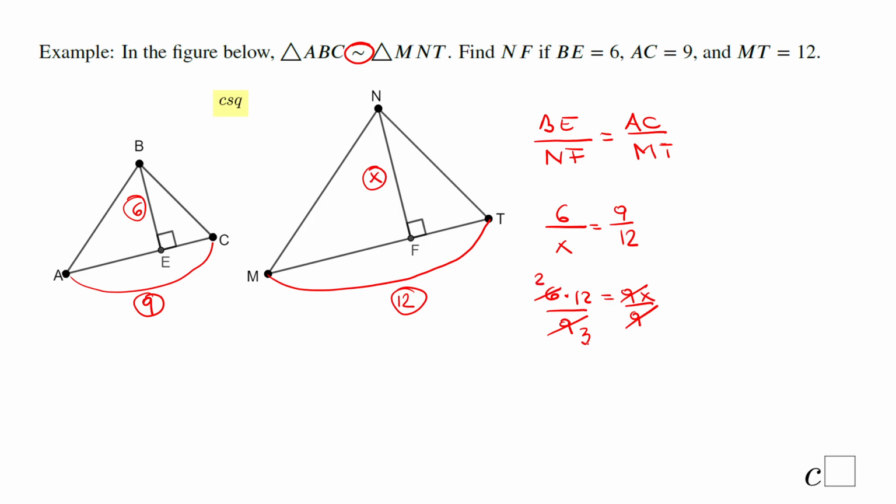I can do another division here. 3 by 3 is 1 and 12 by 3 is 4. So x will be 8. Of course, you can grab a calculator and do the math. So in fact, let me be sure, NF is 8 because that's what x is.